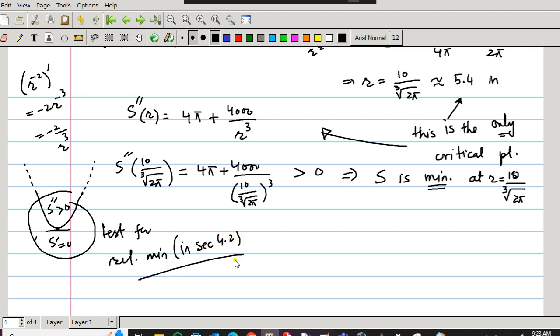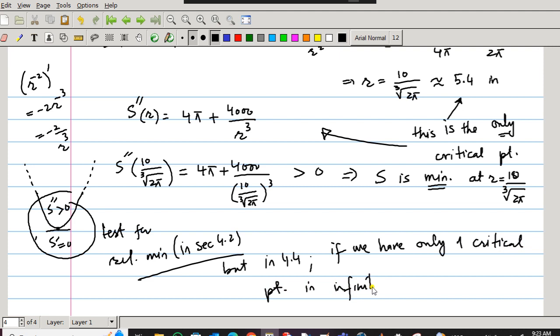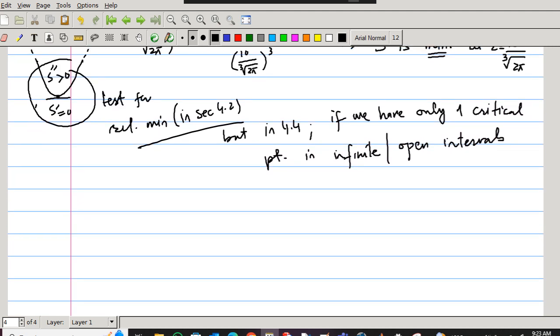But in 4.4 we studied that if we have only one critical point in an infinite interval, not in a closed interval, remember, in an infinite or open interval, then we have the same test for absolute minima.